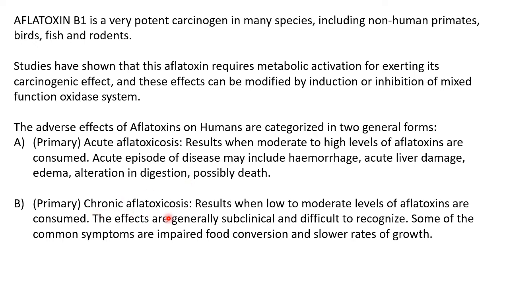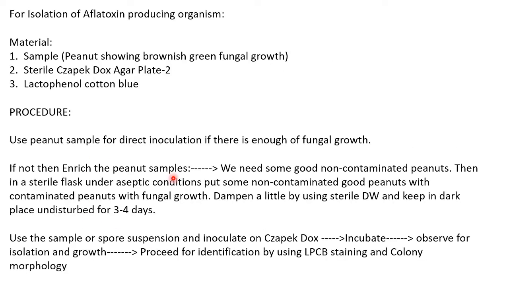Chronic aflatoxicosis results when low to moderate levels of aflatoxins are consumed, and the effects are generally subclinical and difficult to recognize. Some of the common symptoms are impaired food conversion and slower rates of growth. So these are the two forms of aflatoxicosis, and you can get a question in viva on this as well.